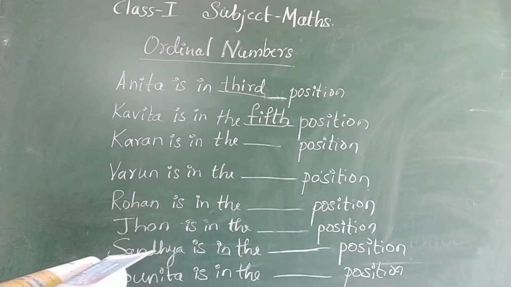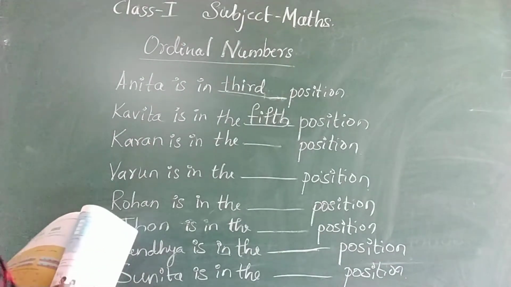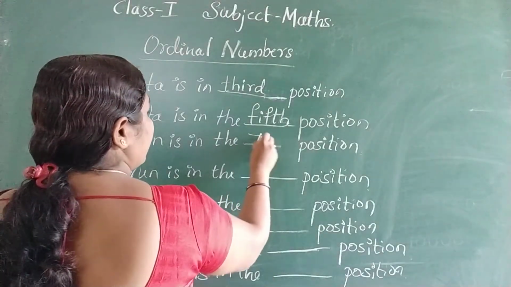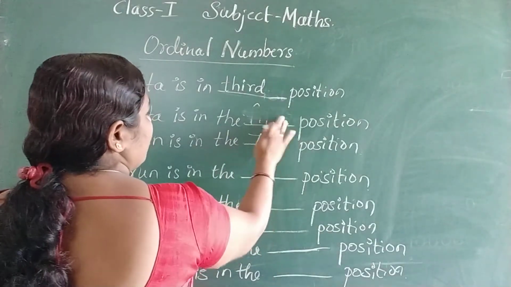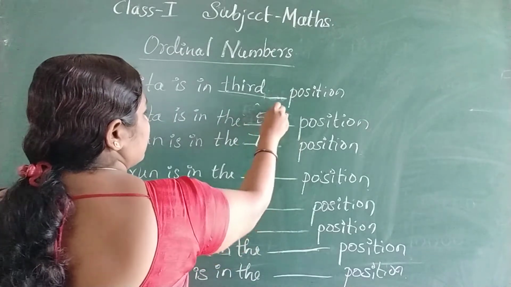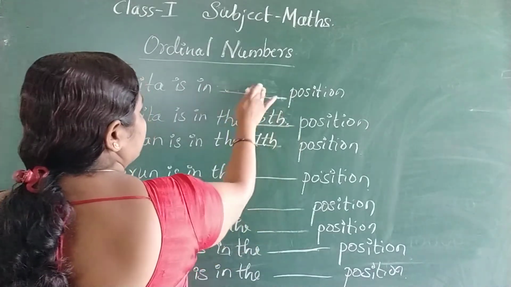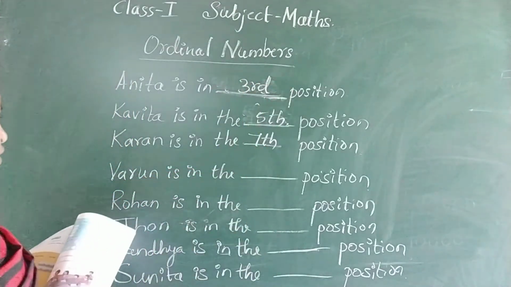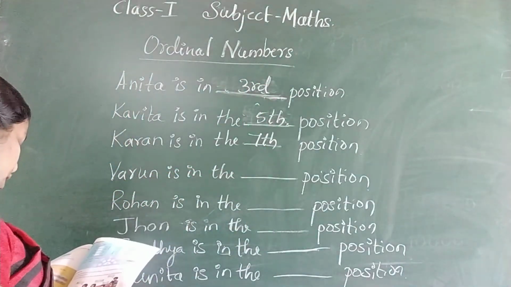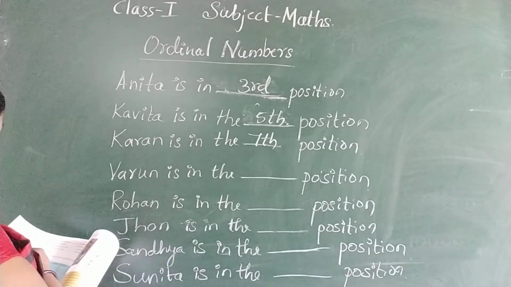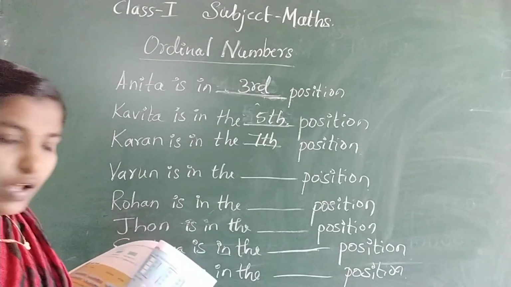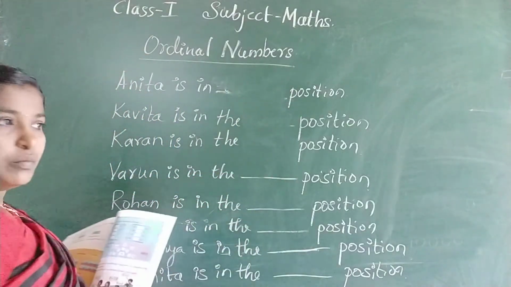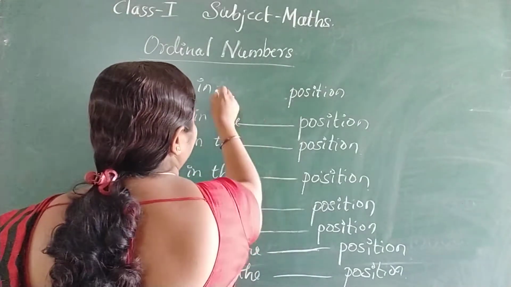Now Karan. Where is Karan? Karan is in 7th position. You can write this also, 5th means 3rd. This also you can write. Varun is in. Where is Varun? So write the whole spelling. Better to write the spelling.